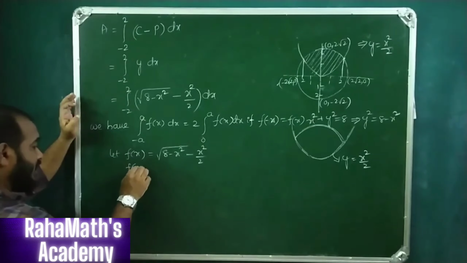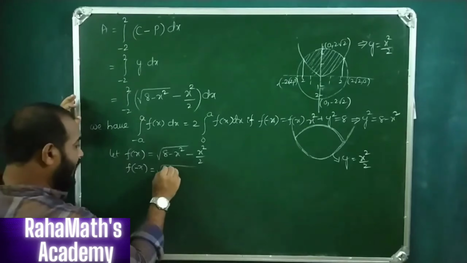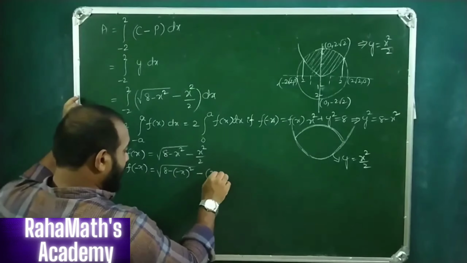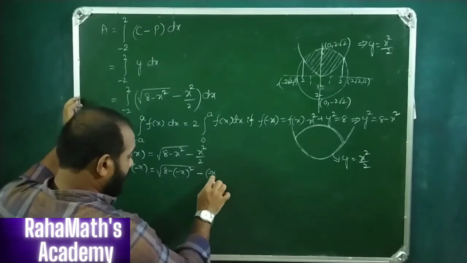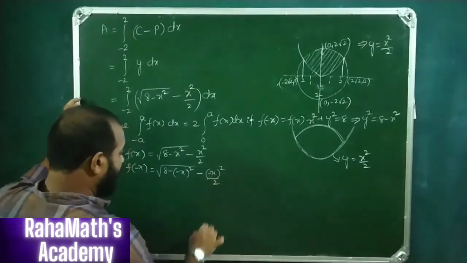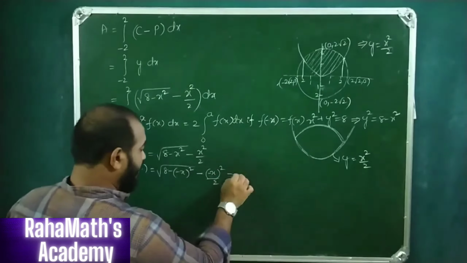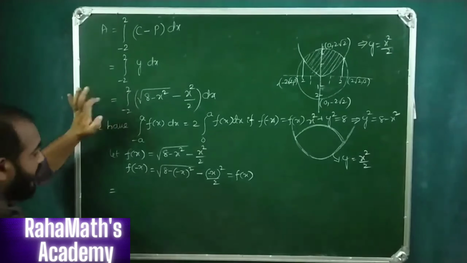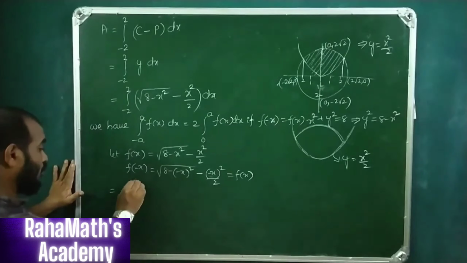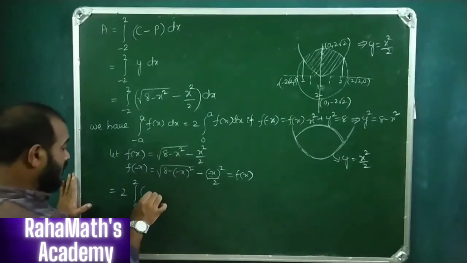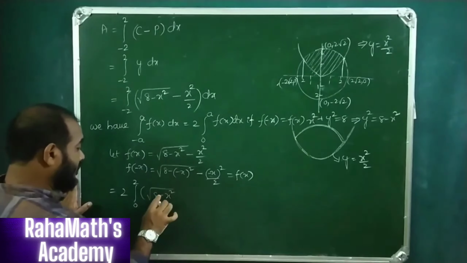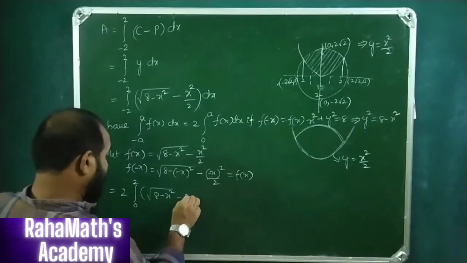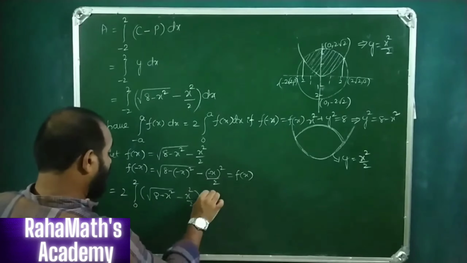Then f of minus x is also the square root of 8 minus x whole square, minus x whole square by 2. So it is the same as f of x. Therefore, this can be written as 2 times the integral from 0 to 2 of the square root of 8 minus x square, minus x square by 2, whole dx.